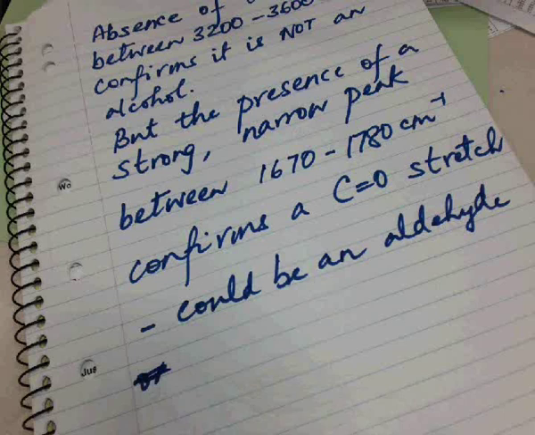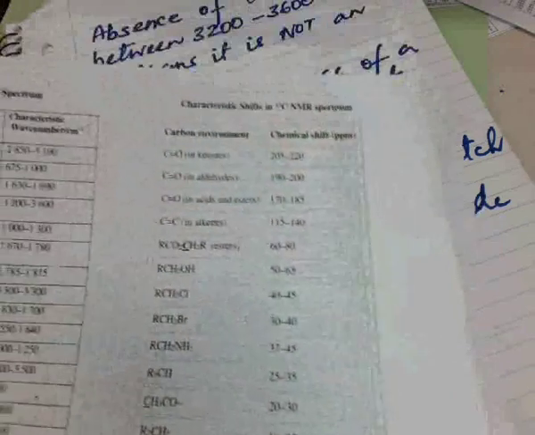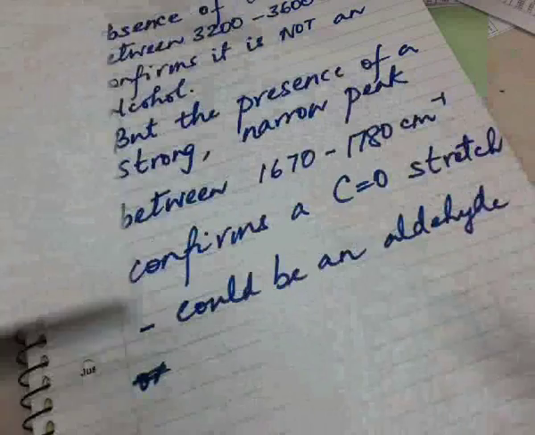So in this case it is an aldehyde, it's propanal. Remember again, without the NMR we can't specifically confirm it, but in this case I'm just going to stop with that.